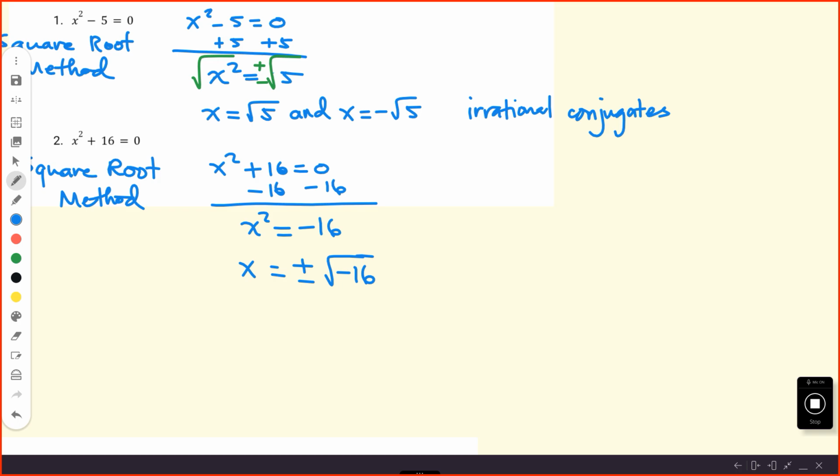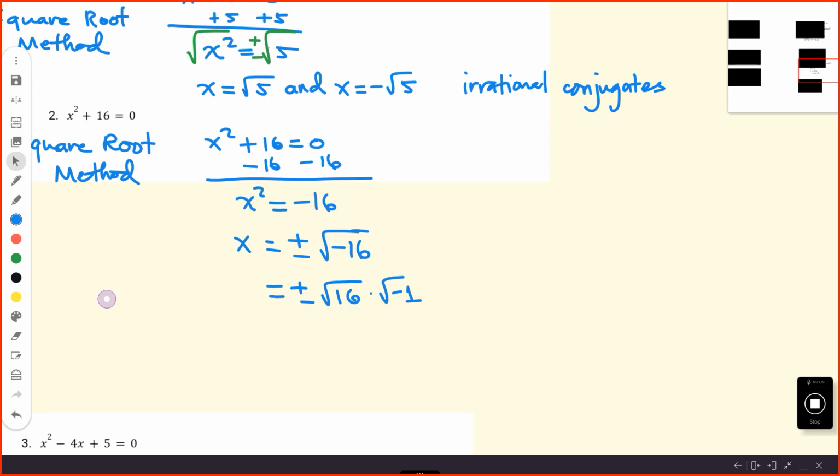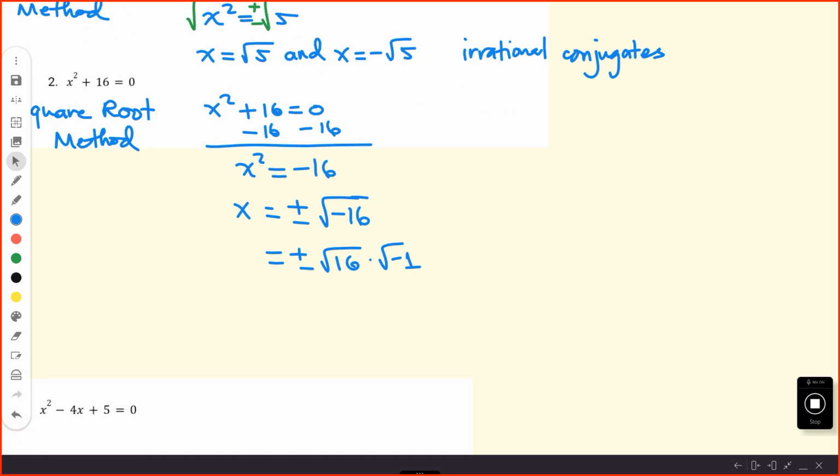But then I can break it down so you have plus minus square root of 16 times square root of negative 1, right? Because 16 times negative 1 is negative 16. I did that because every time you have a square root of negative 1, that's your imaginary, right? Square root of negative 1 is i.